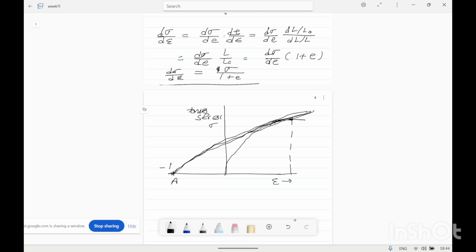So this maximum load is called the ultimate tensile strength of the metal, corresponding to the strain of -1, and the strain related to this will be uniform strain.